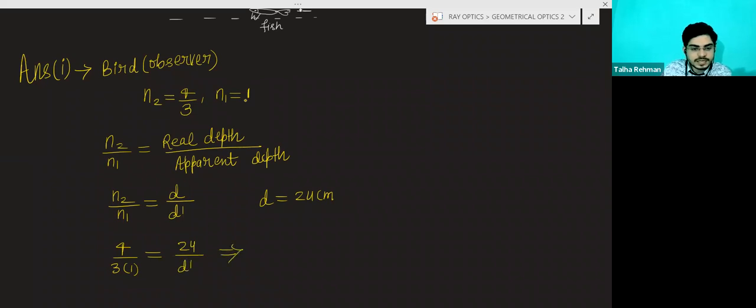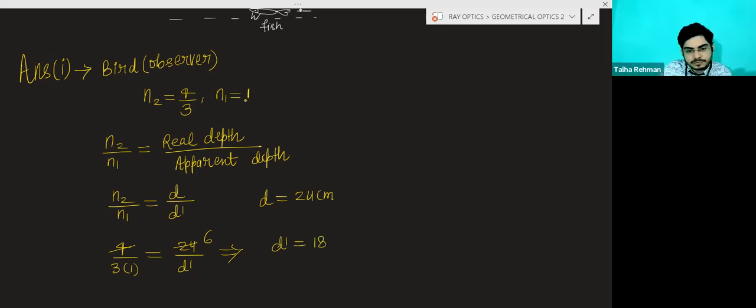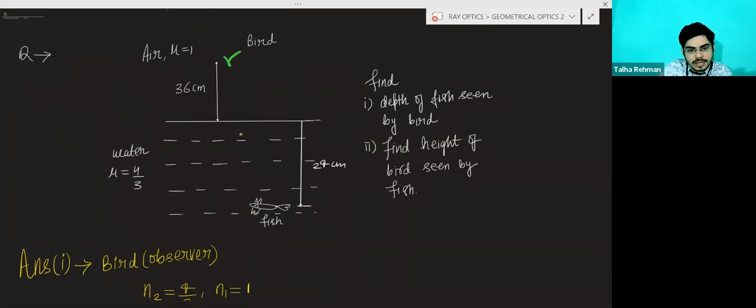So can we find d dash? 4 sixes are 24 and 6 threes are 18. So d dash will come out to be 18 centimeter. So the apparent depth of the fish will be 18 centimeter. So somewhere here will be the fish.